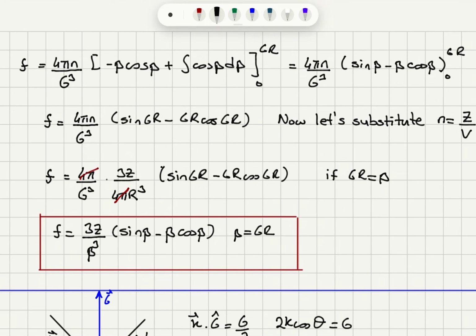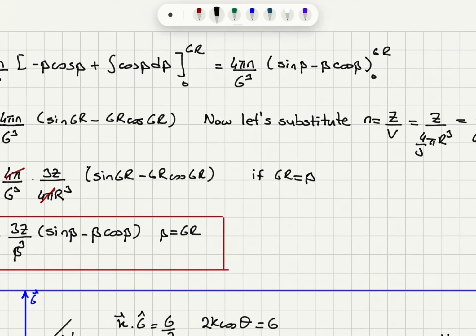So it's 4 pi n over g cubed. The integral of cosine will give me sine beta minus beta cosine beta evaluated between 0 and gR. So at 0 I will have sine 0, and from beta factor in the second term I will get a 0. So the 0 limit doesn't give me anything, but for the gR limit I have sine gR minus gR cosine gR.